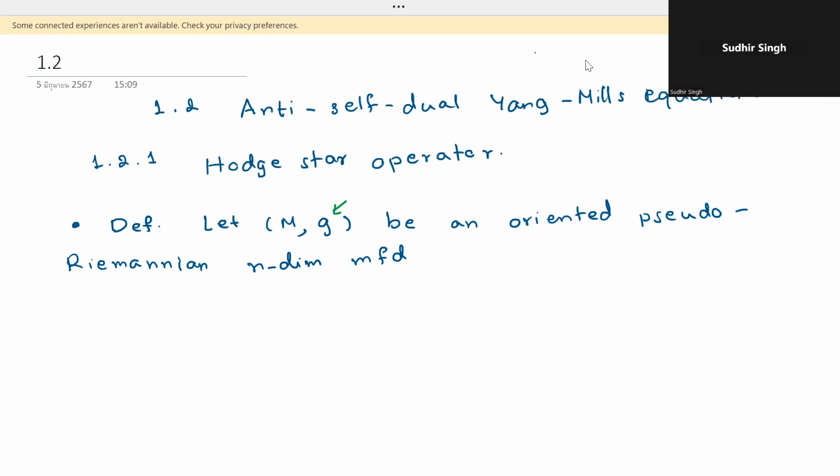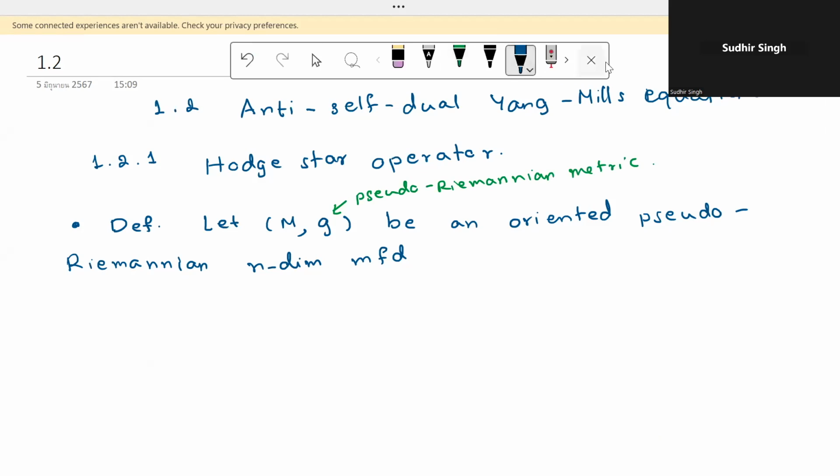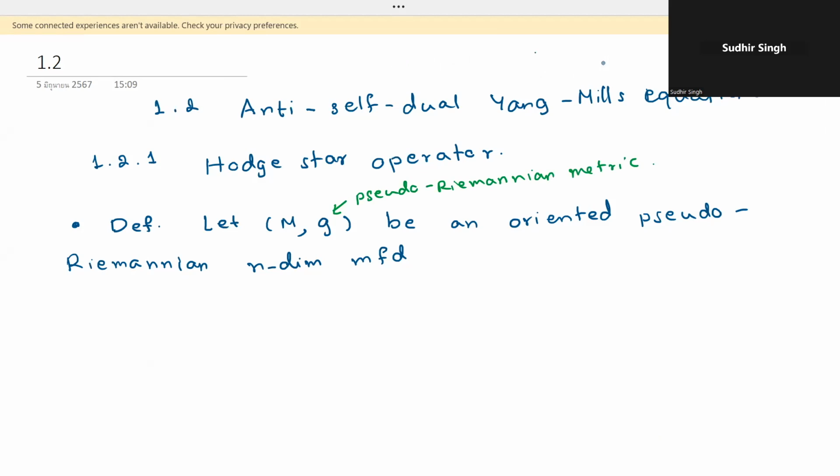But I hope that there's no confusion according to the context, right? But here, let me just use g for the pseudo-Riemannian metric as well. Then the Hodge star operator.